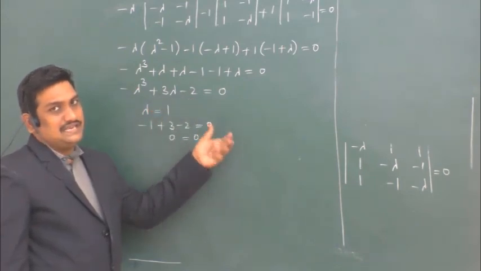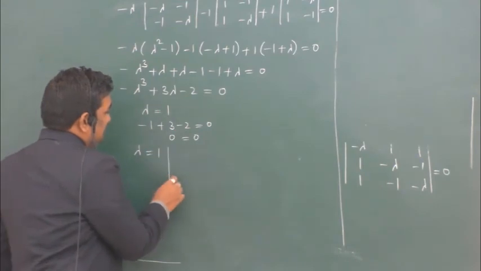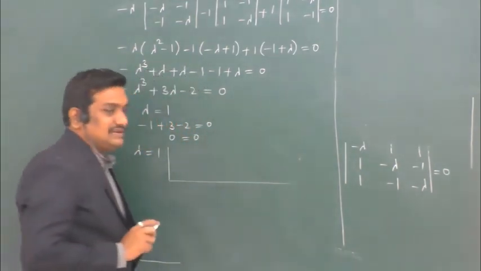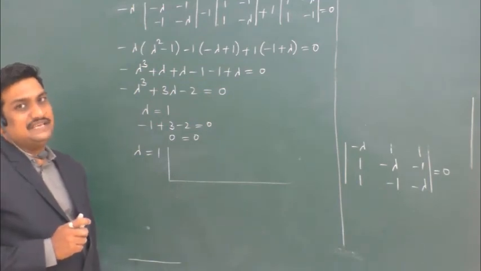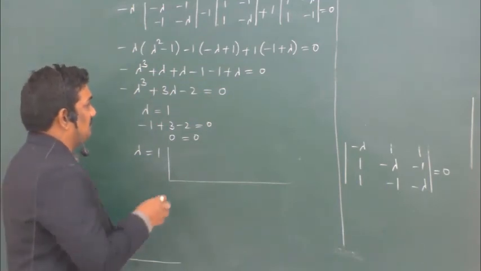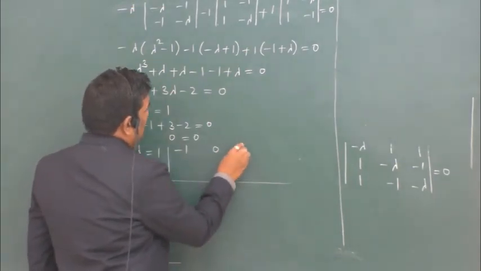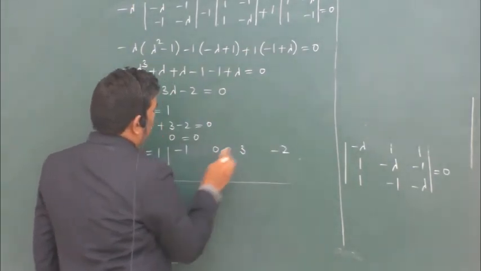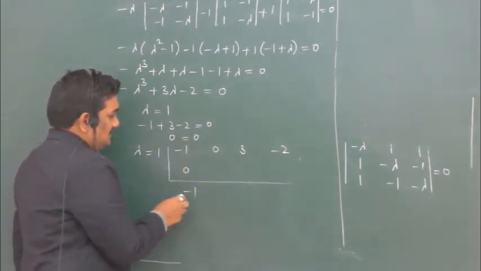So 1 is a root by the remainder theorem, and you take the synthetic division procedure. Write the coefficients from highest to lowest. If any term is missing, then write the coefficient as 0. So minus 1, lambda square is missing so 0, then the lambda coefficient and the constant. Now you write 0, add these two, it will be minus 1.